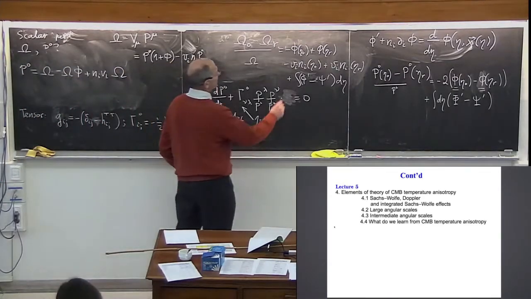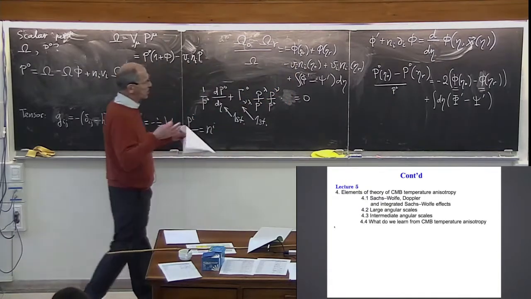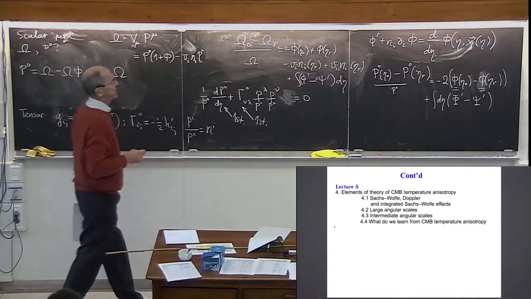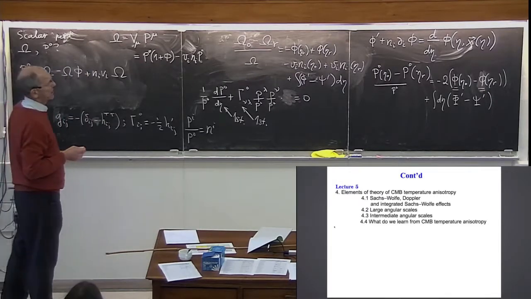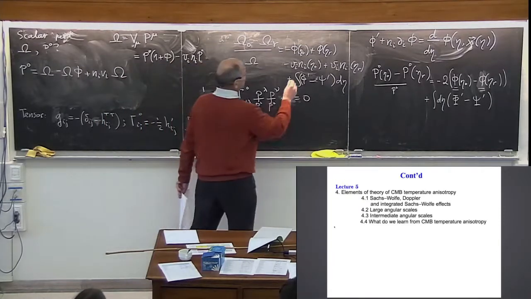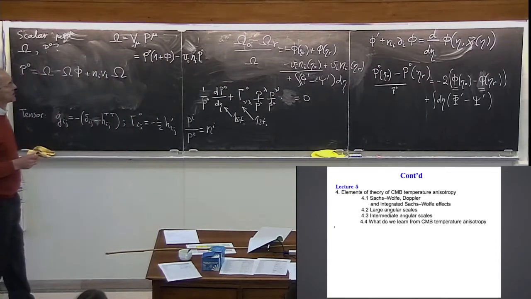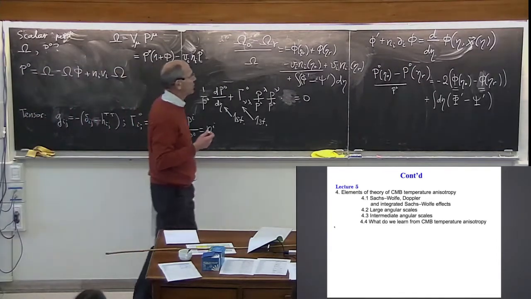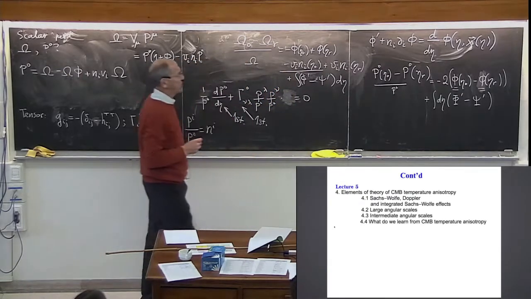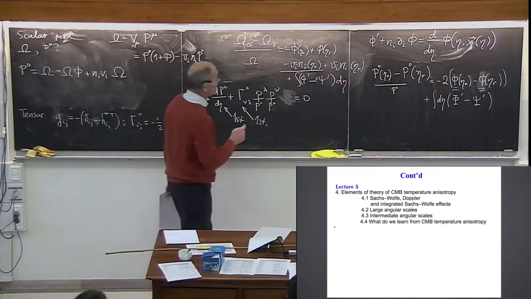Now we recognize that this term here tells me that if I am sitting in a potential well, then my received frequency will be slightly different from the frequency in the conformal Newtonian gauge on average. This term describes the Doppler effect due to my motion, my velocity v i at the moment of receiving the photon. And we do have some velocity. This term is not zero.